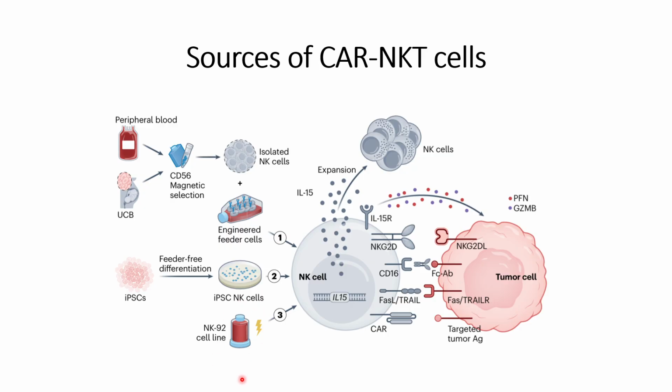And then one of the most common and easiest ways to use these natural killer cells is to use the NK92 cell lines. One advantage of these NK92 cell lines is that we can modify them and store them in liquid nitrogen, or in the lab, in advance.